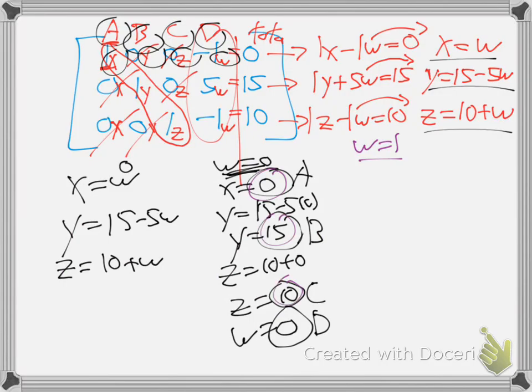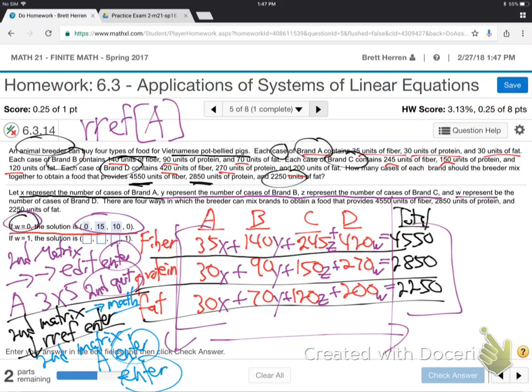That's one particular answer, one particular formula for feeding the pigs. No brand A, 15 B, 10 C, no D. That's one formula that will feed the pigs all they need.